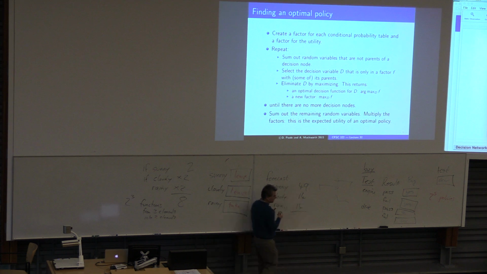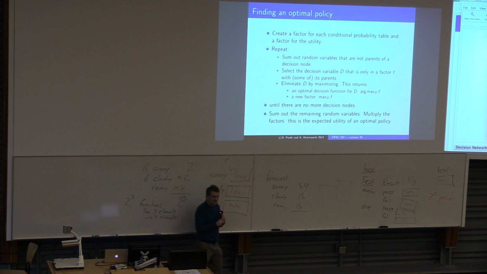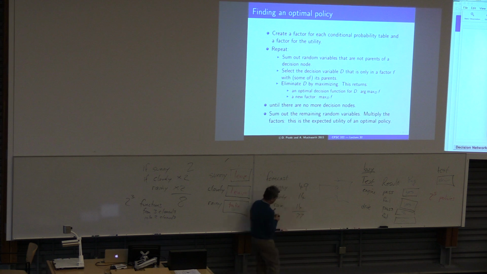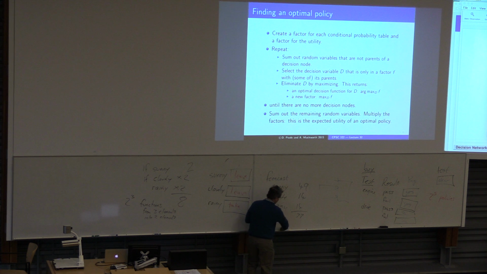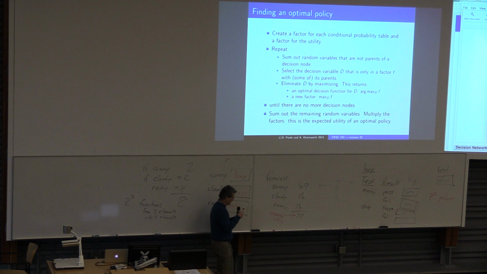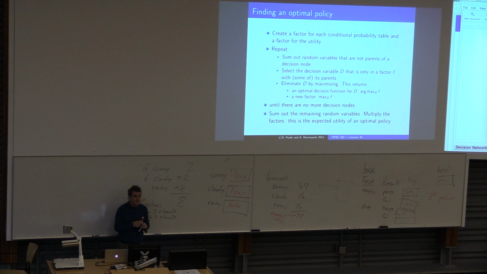What is it? 28 plus 15 is, 77? 50. Right. This is the expected utility of that policy. This is the expected utility of the optimal policy.